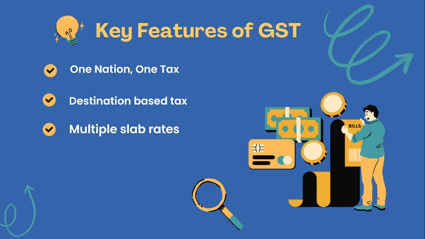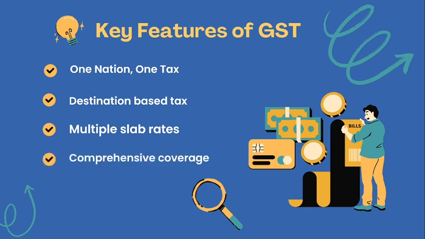The 12 and 18% slabs cover processed foods, consumer goods, and most services, whereas luxury items and sin goods such as high-end cars, aerated drinks, and tobacco attract the highest slab of 28%, sometimes with an additional cess. This structure balances consumer welfare with revenue generation for the government.